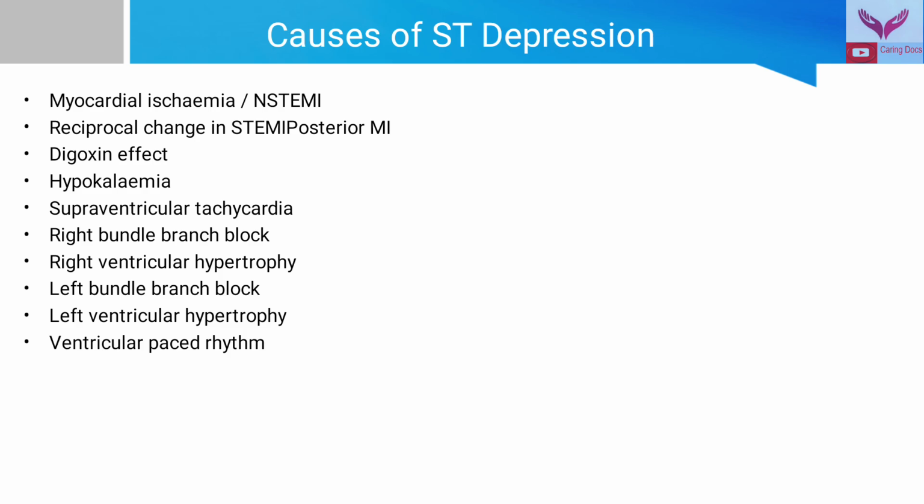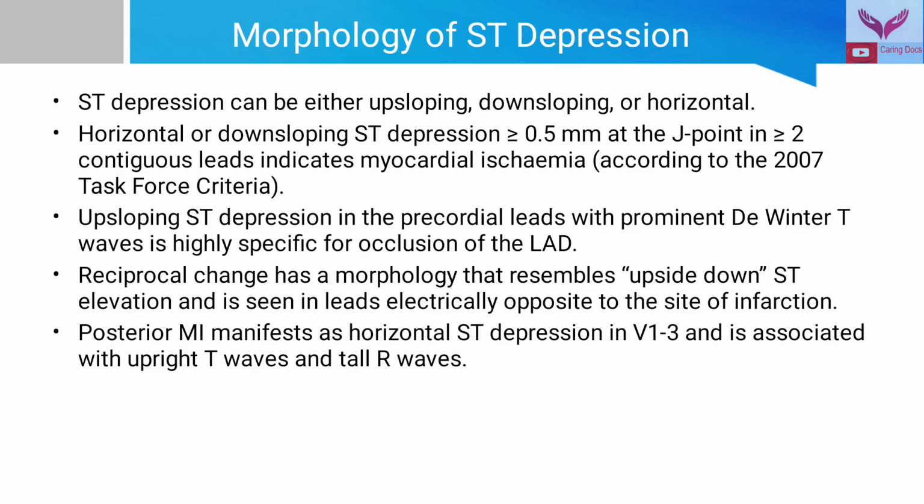The causes of ST depression are myocardial ischemia, non-ST elevation MI, reciprocal changes in ST elevation MI, posterior MI, digoxin effects, hypokalemia, supraventricular tachycardia, right bundle branch block, right ventricular hypertrophy, left bundle branch block, left ventricular hypertrophy, and ventricular paced rhythm. The morphology of ST depression can be either upsloping, downsloping, or horizontal.